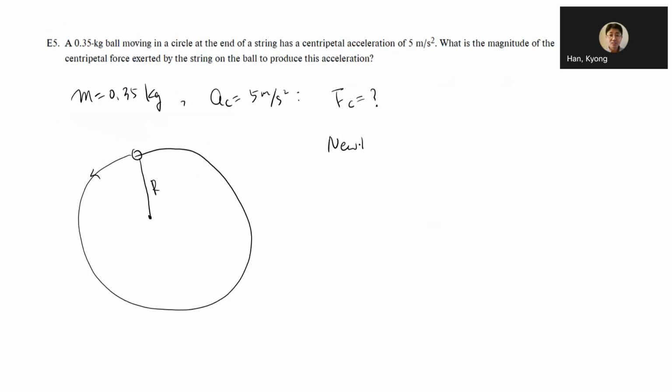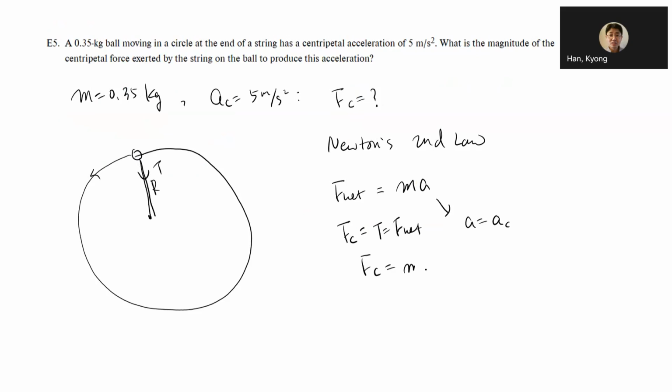Newton's second law of motion says net force F equals ma. In this case, the acceleration is a equal to a_c. The net force is only the tension force, which produces the centripetal force F_c. So F_c equals m times a_c.